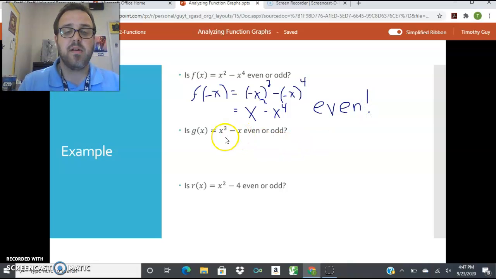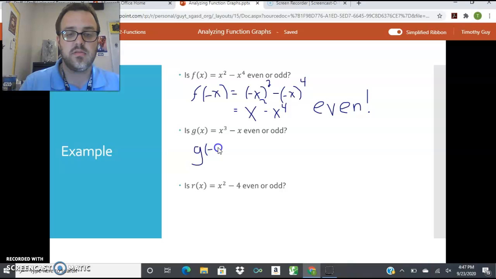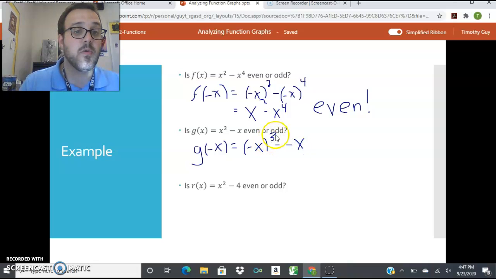For this one, I'll put negative x into g, so g of negative x equals negative x cubed minus negative x. What we'll notice here is that an odd power will keep the same sign. In this case it's negative, so it'll stay negative.